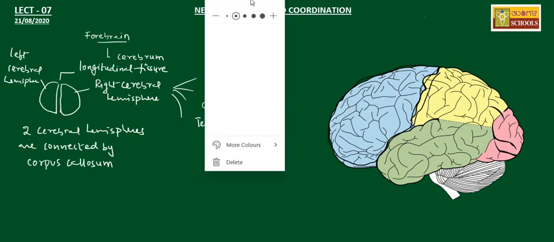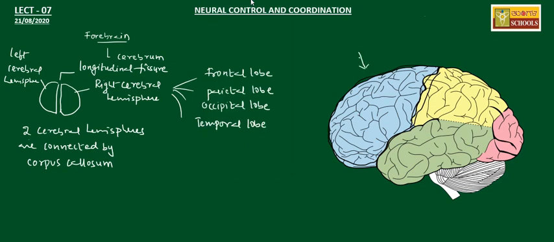This portion here is the parietal lobe, and behind the parietal lobe is the occipital lobe.